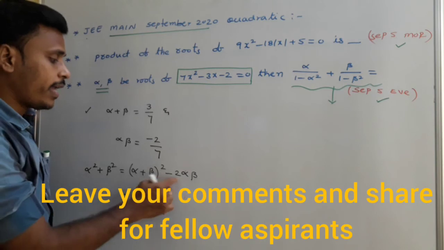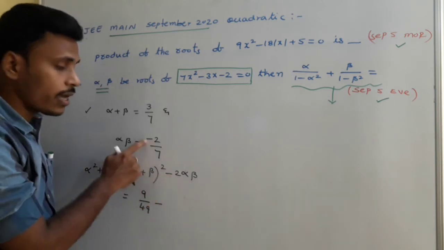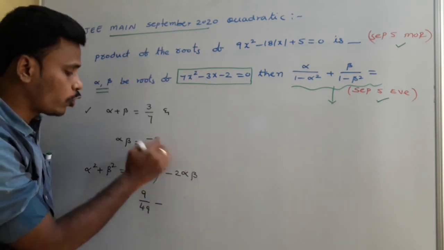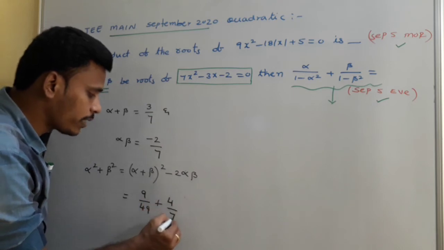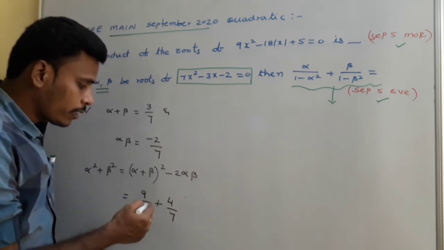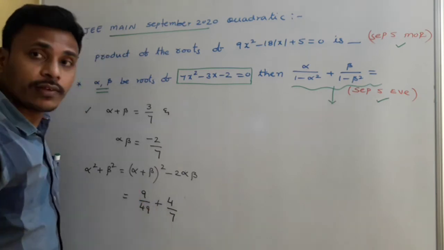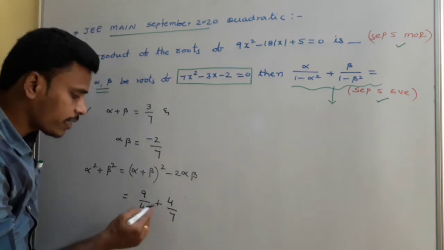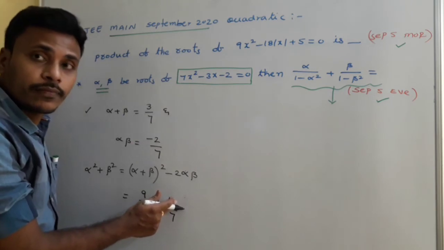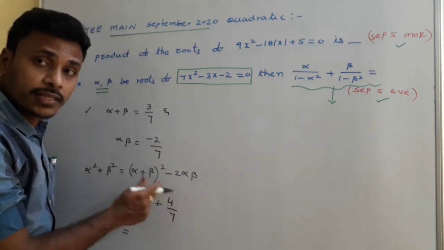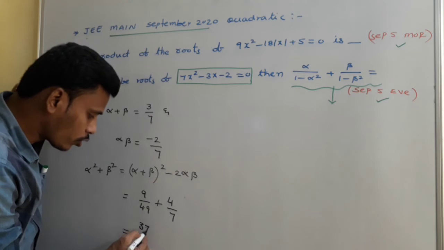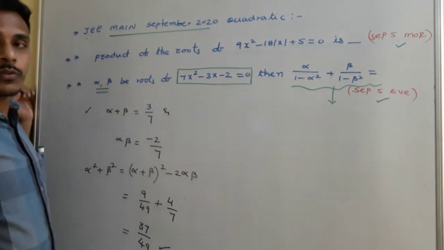Minus 2 alpha beta: here one minus, there one minus, minus and minus gives plus, 2 into 2 is 4, so plus 4 by 7. Next, what to do? This is 9 by 49, this is 4 by 7. So 49 is the LCM, 7 fours are 28, 28 plus 9 is 37. So 37 by 49 is alpha square plus beta square.